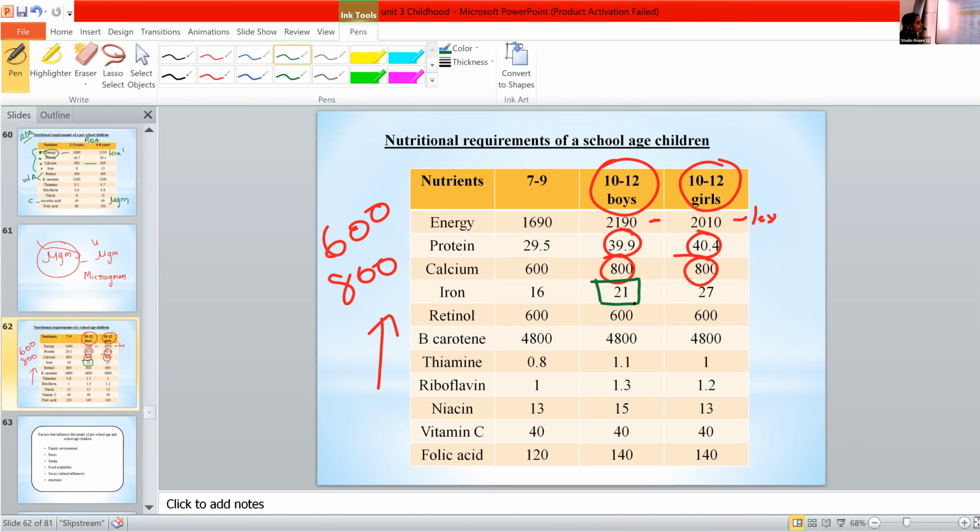Here it's 27. Why? Reena, for boys the iron requirement is only 21, but for girls it's 27 between 10 to 12 years old. What's the reason for that? 21 to 27.